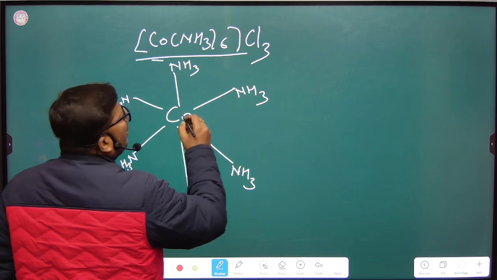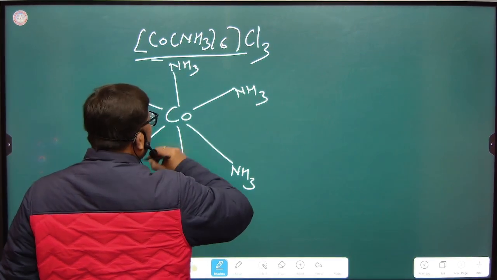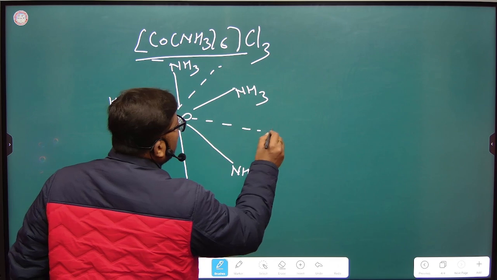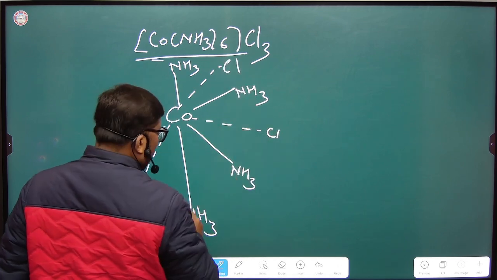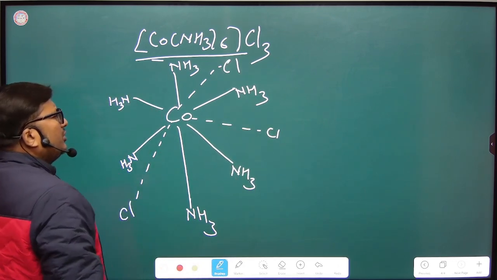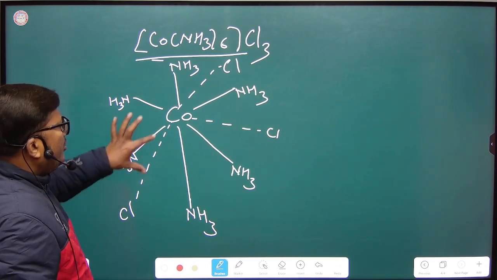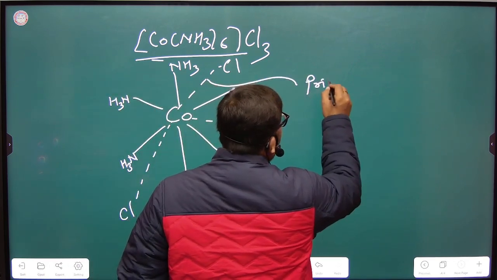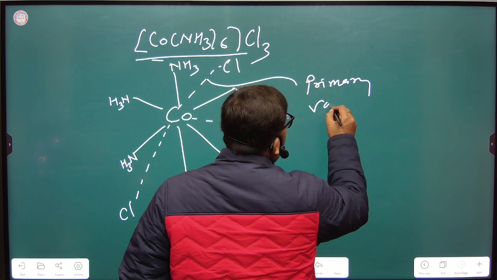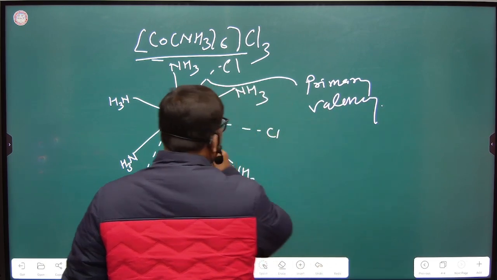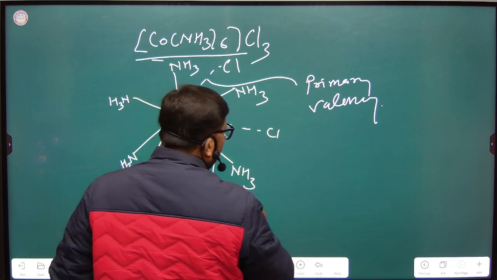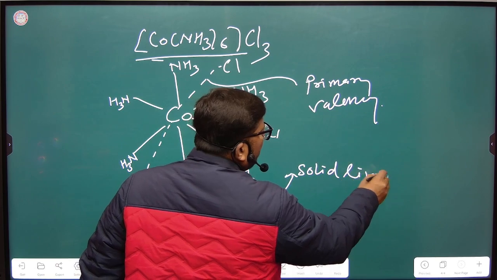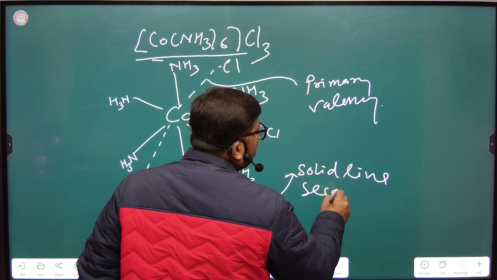And the dotted lines go to Cl, Cl, Cl. The dotted line between chloride and cobalt indicates primary valency, and the cobalt-ammonia bond, the solid line, indicates secondary valency.